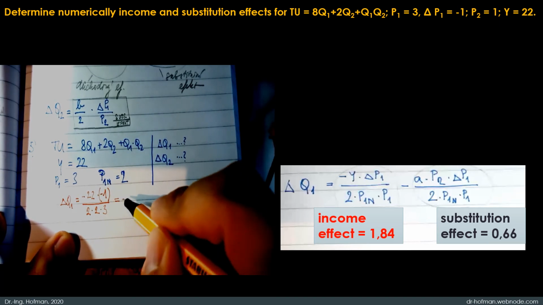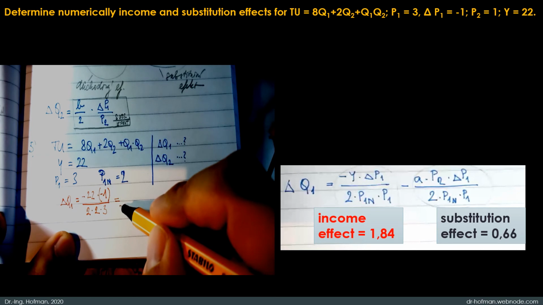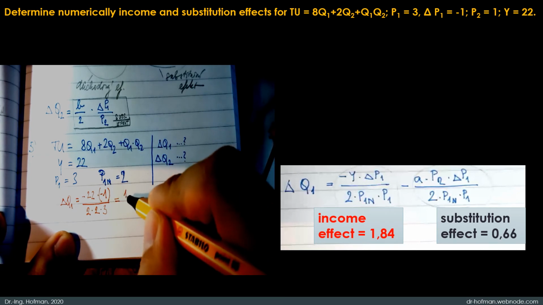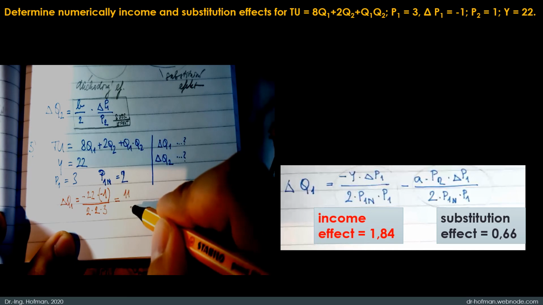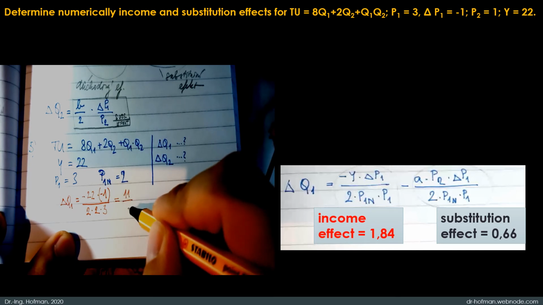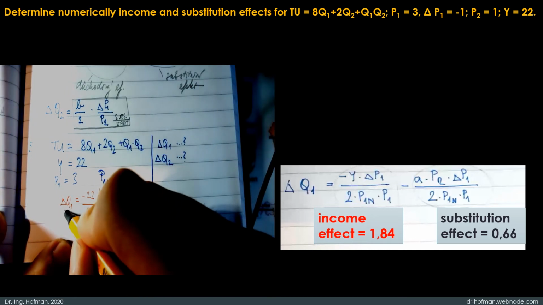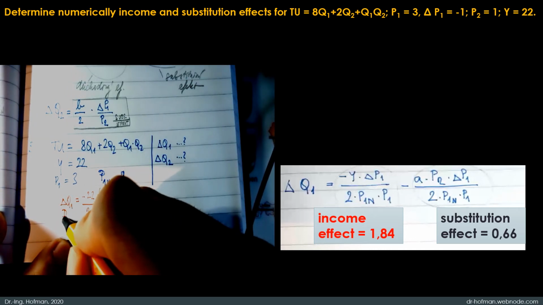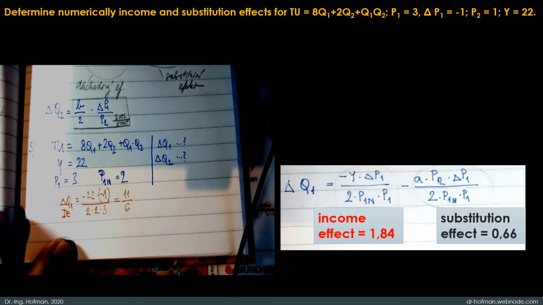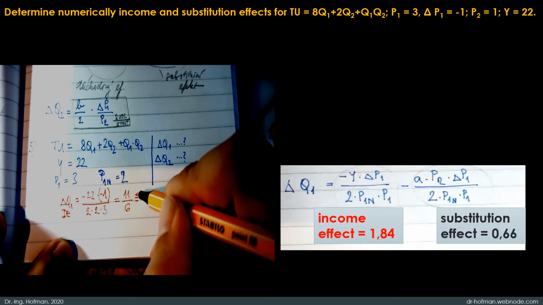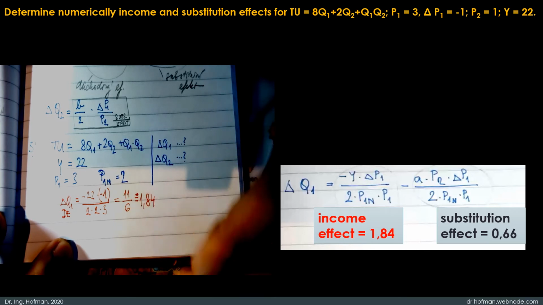Let's calculate the income effect part of delta Q1 now. This is 11 over 6 when I make the simplification, and it equals 1.84.